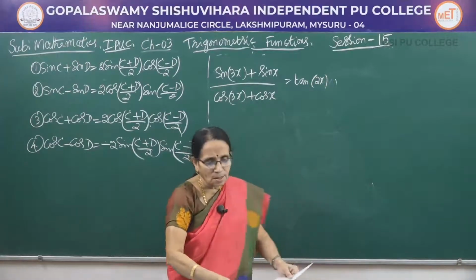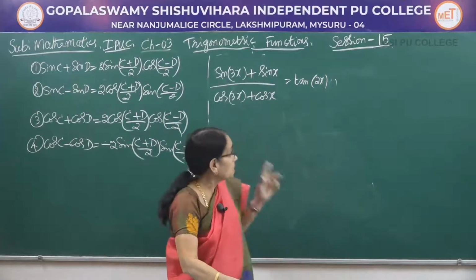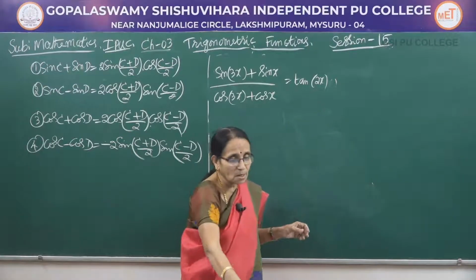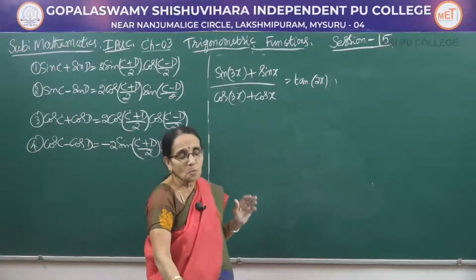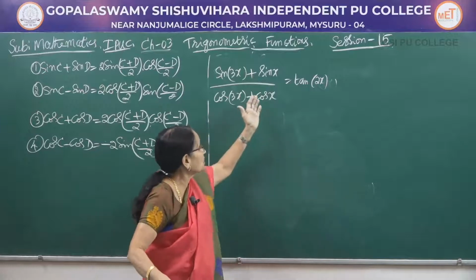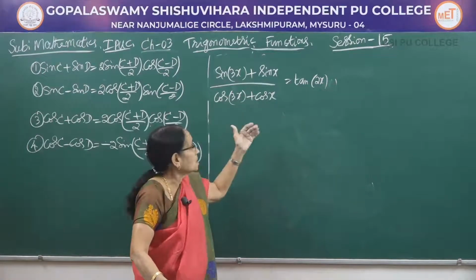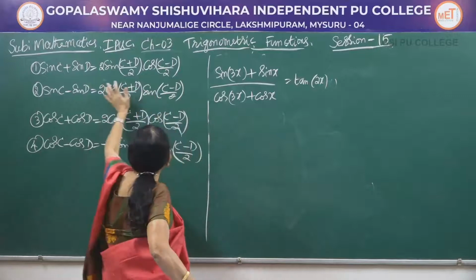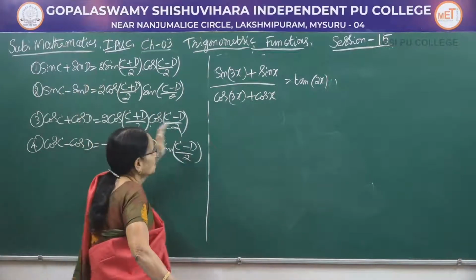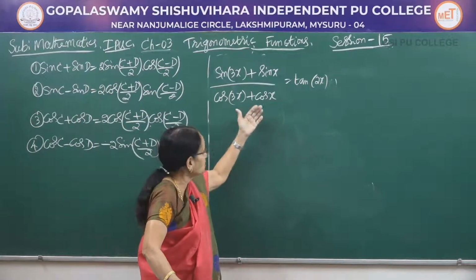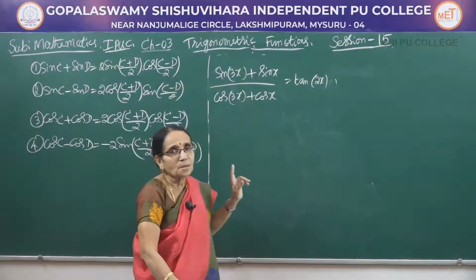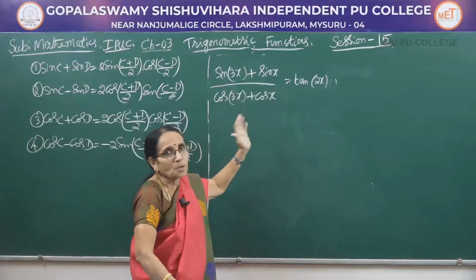This is just like the previous problem. There the angles were different. Numerator contained the sine function, denominator contained the cos function. There also it was of the form sin C plus sin D and cos C plus cos D. Same type of terms we are having, only the difference is in the respective values of the angles.